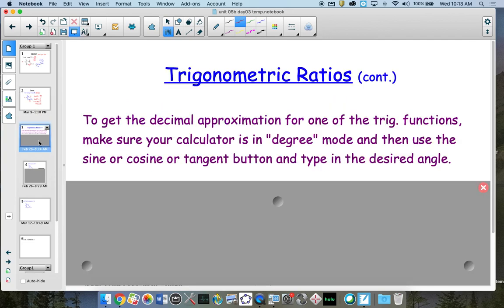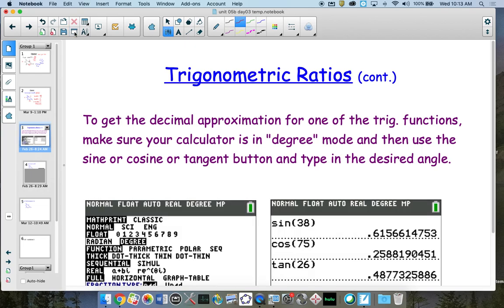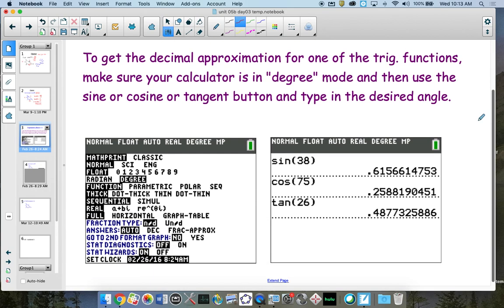Okay, so as I just showed you, to get the decimal approximation for one of your trig functions, make sure you're in degree mode, and then just press the button and type in your desired angle. So I have some examples set up here. For example, what's the sine of 38 degrees?